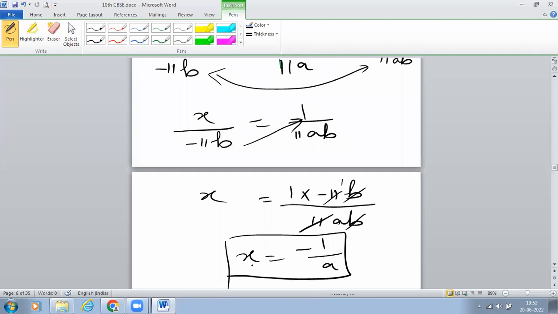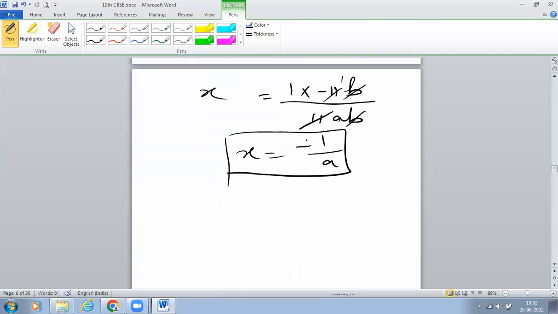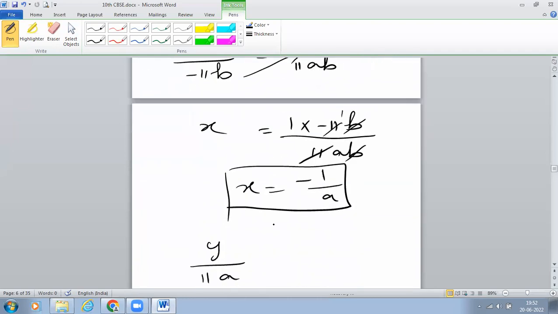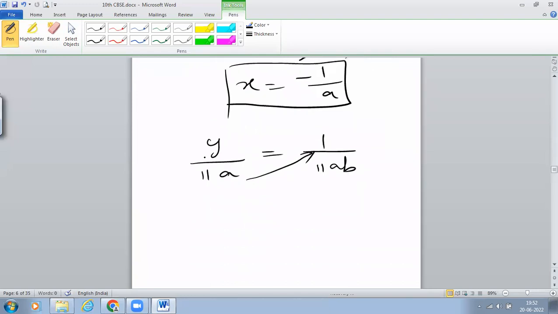Now we have to equate the second and the third to find the value of y. So the second one, y by 11a, is equal to 1 by 11ab. This 11a, when taken to the opposite side, becomes multiplication with the numerator, because it is in the denominator.